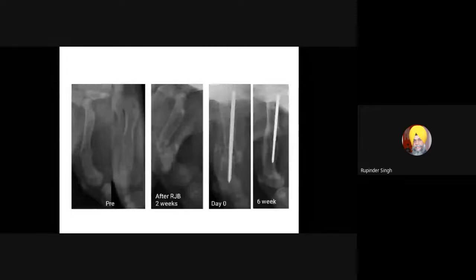Then we had to do surgery, and it took quite a long time, 6 weeks, to heal. This might be due to the fact that we attempted this fracture quite late. When we place this pin, we have to break everything which the body has formed to heal the fracture.